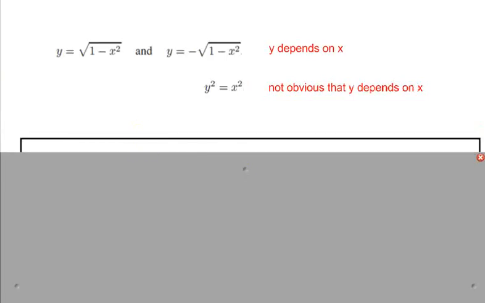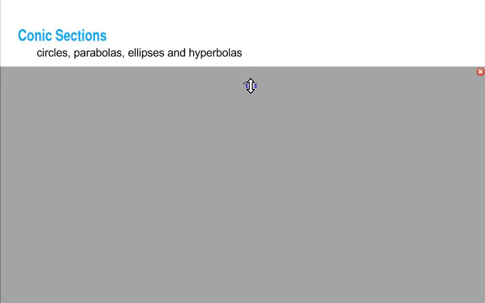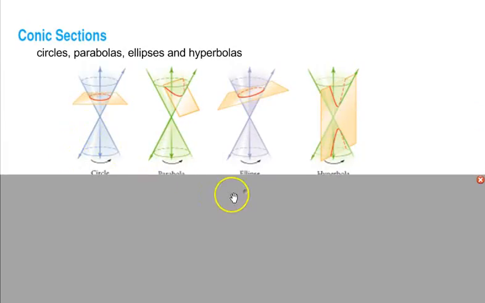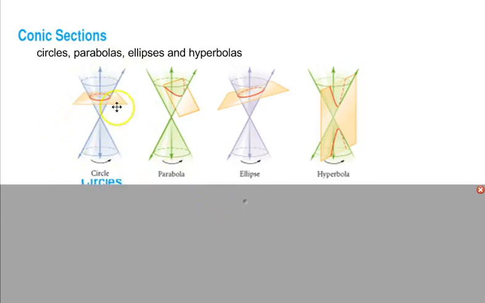Okay, so the rest of this unit is going to talk about conic sections. If I were to take a cone and intersect it with a plane, I'm going to get a variety of shapes based on how I intersect that cone with that plane. As you can see here, this intersection of this cone with this plane creates a circle.